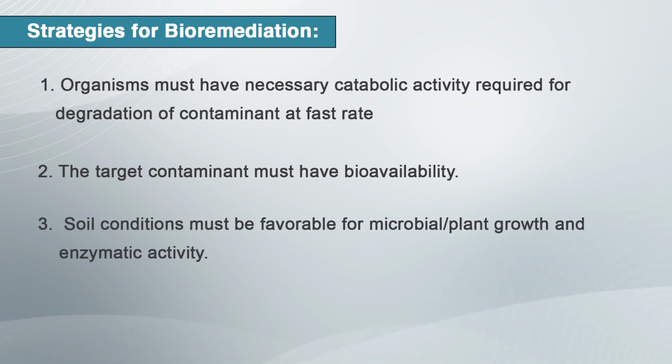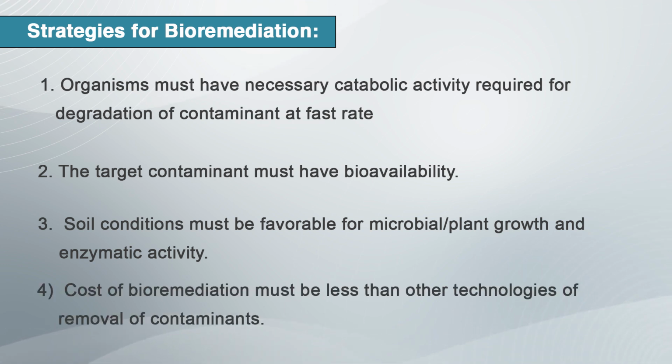Third, soil conditions must be favorable for microbial or plant growth and enzymatic activity. And fourth, the cost of bioremediation must be less than other technologies for the removal of contaminants.